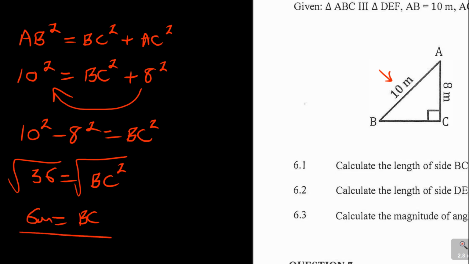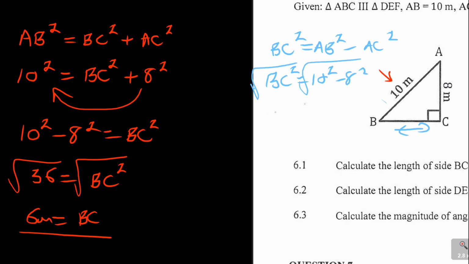Some will prefer to do it like this. Since I want this side, they will say BC squared is equal to AB squared minus AC squared. Still fine. BC squared is 10 squared minus 8 squared, and then there is a square root now, which will give us BC as the square root of that.